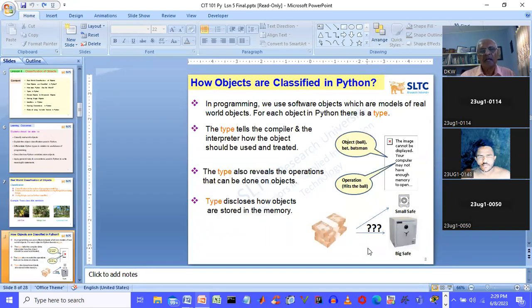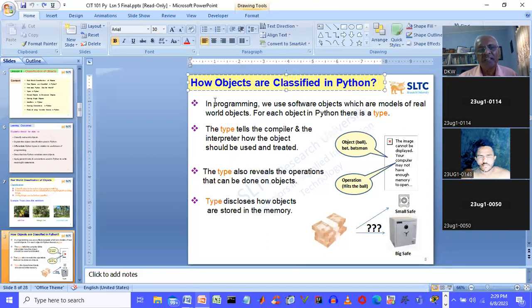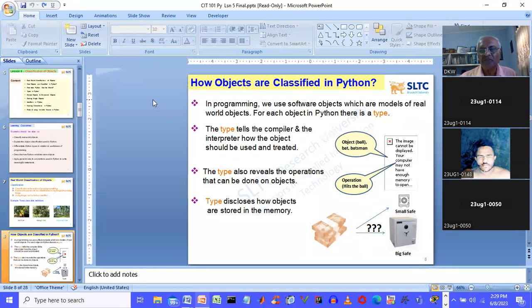Okay. How are objects classified in Python? Now, what is Python? Python is a language through which we communicate with the computer. We learned in the first two lessons that Python is a high level computer language that we use to communicate with the computer.